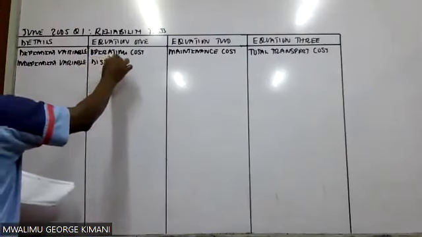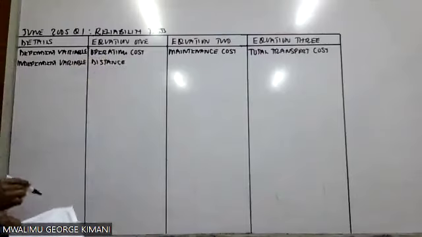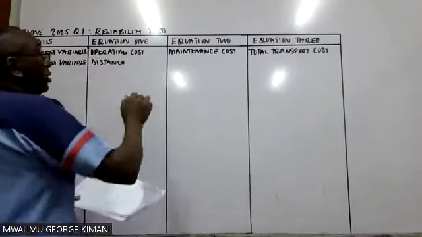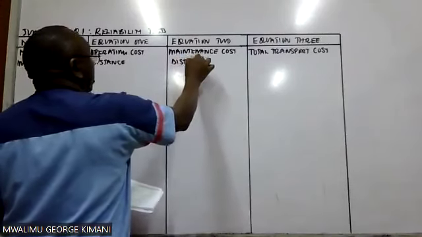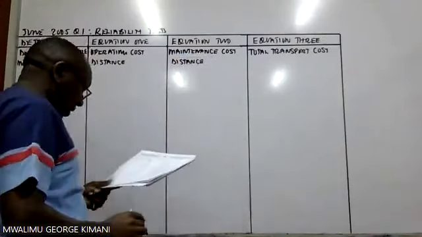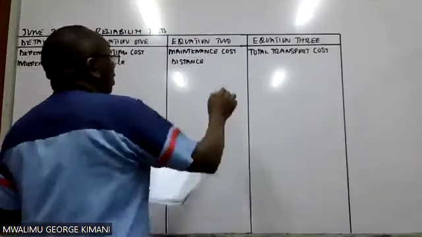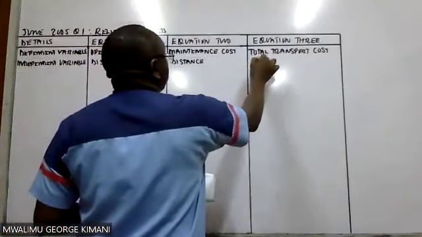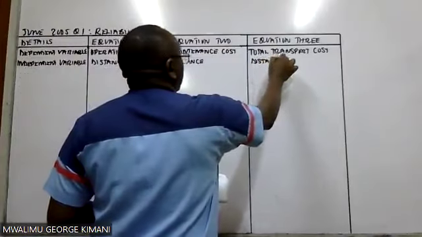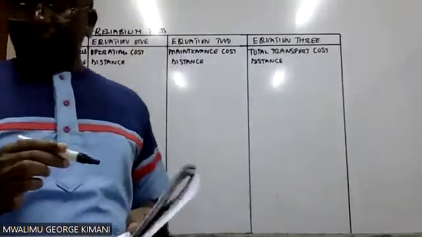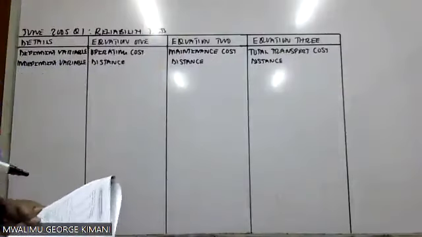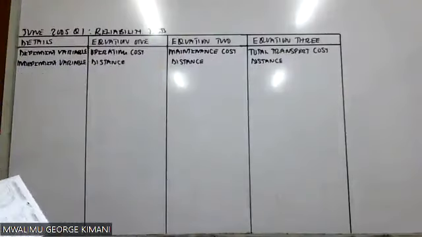So the independent variable is distance. Equation 2, the independent variable is also distance. And equation 3 is also distance. So that is the independent variable.